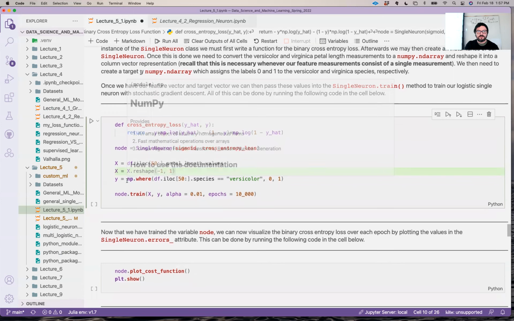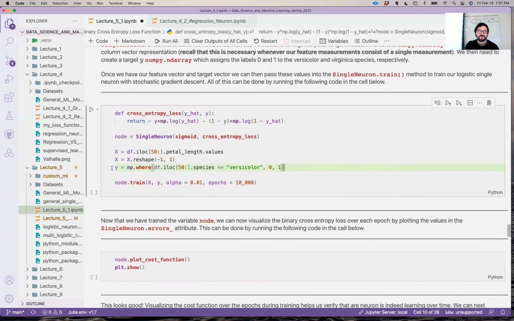Then I use the NumPy where method to look through the species. Whenever it says Versicolor, I give it the label 0, and otherwise I give it label 1. So that's my Y.